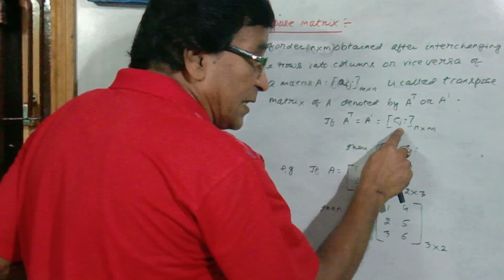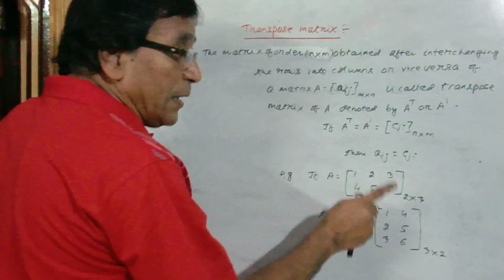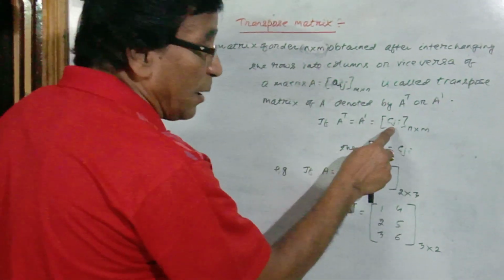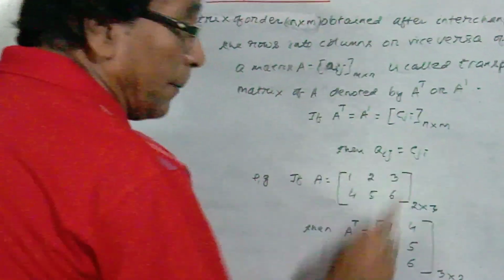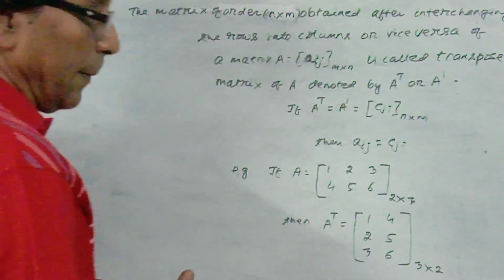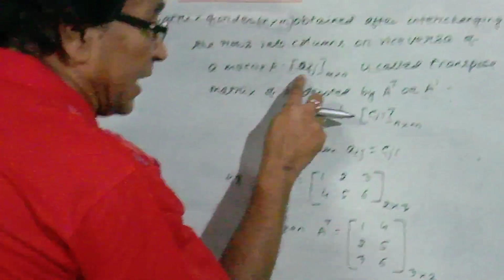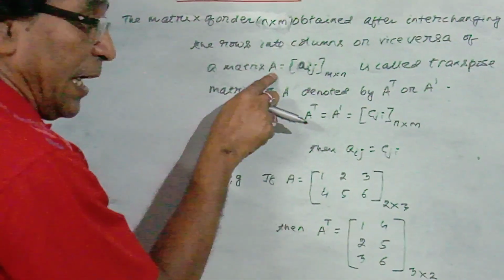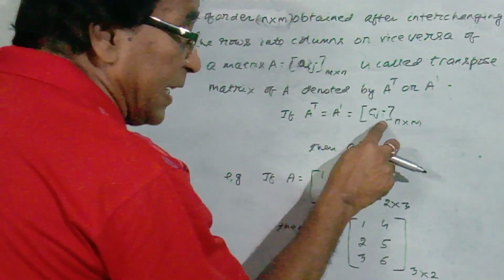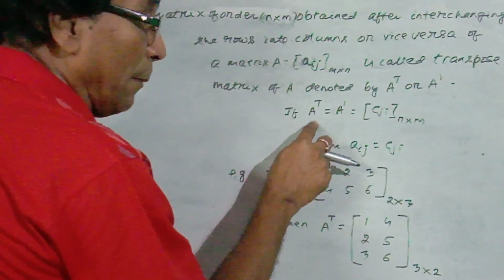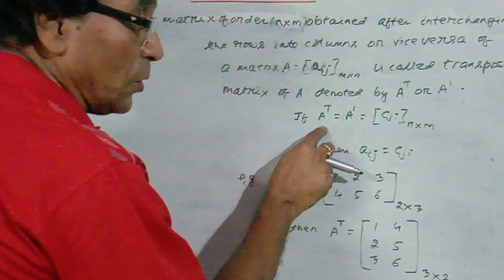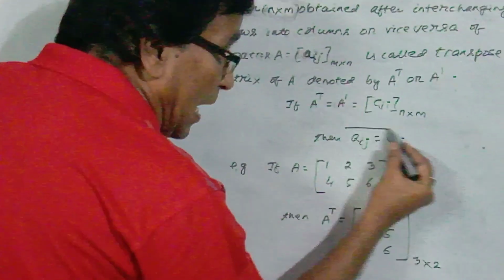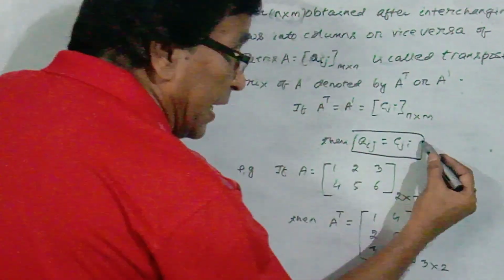And if that matrix is Cji, then always remember that Aij element must be equal to Cji. So here you see that these elements Aij of the matrix A must be equal to Cji of the matrix A transpose.